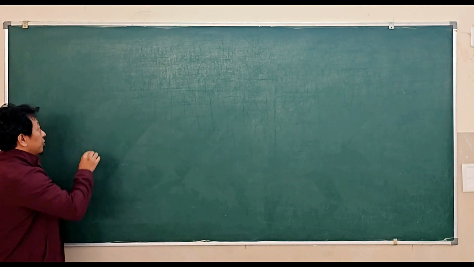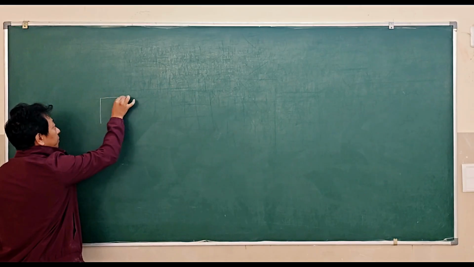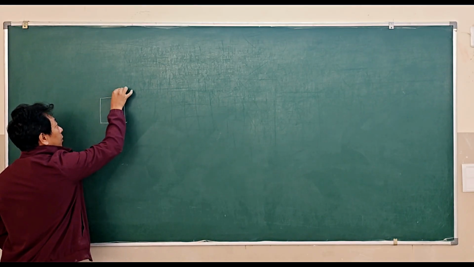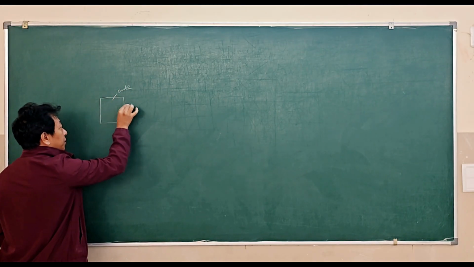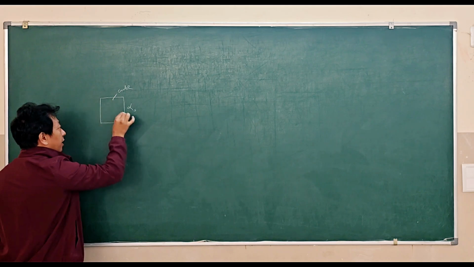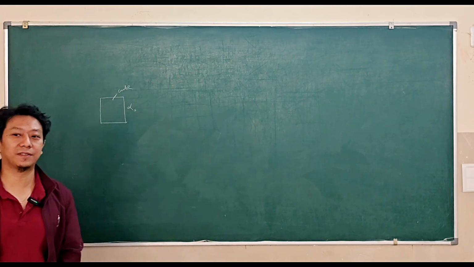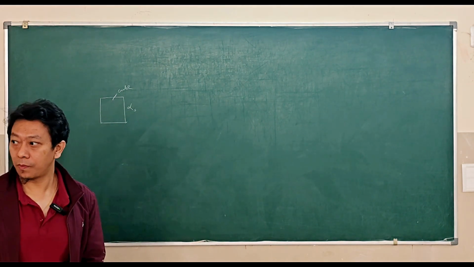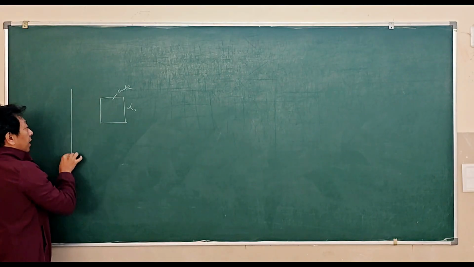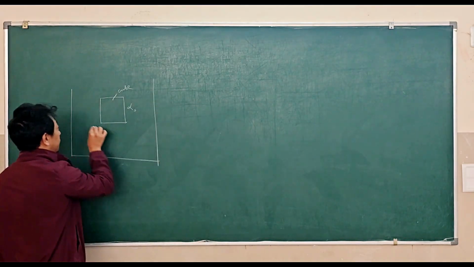So what they are saying, students, is this. There is a cube whose temperature coefficient of linear expansion is alpha S. It is floating in a bath of liquid, floating they told.